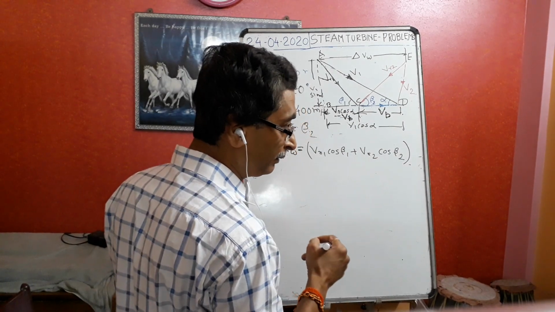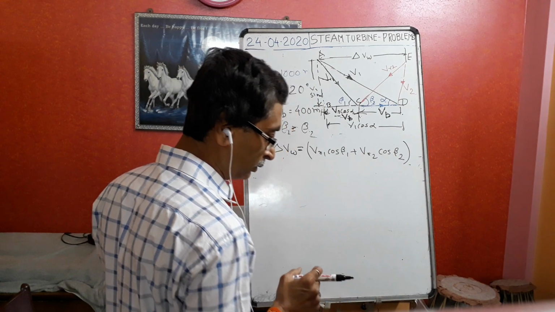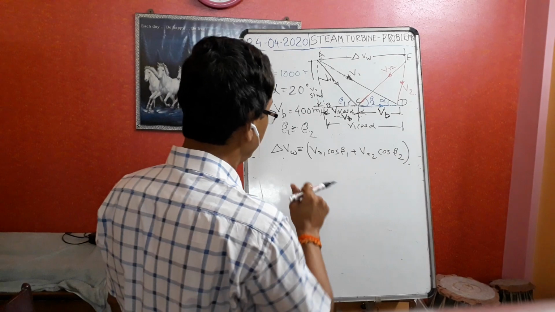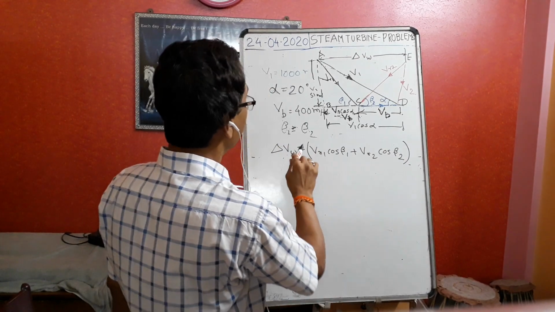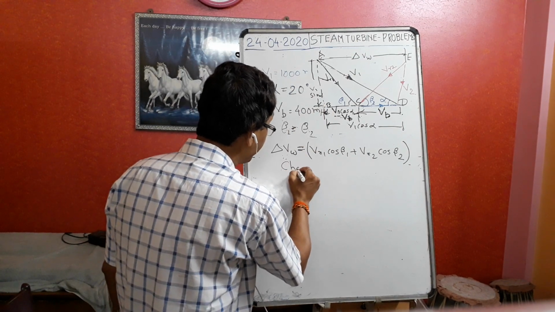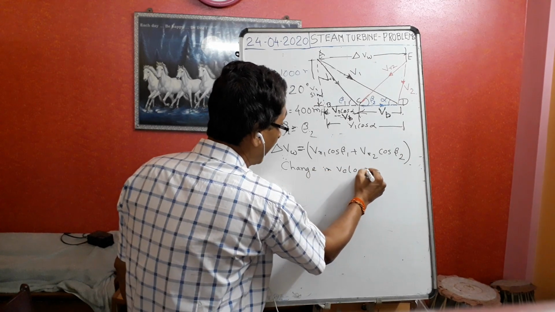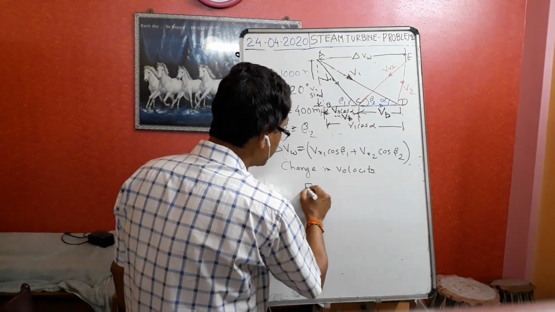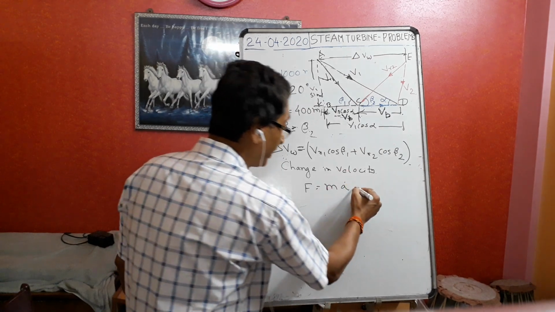The problem that I gave, the first problem, I have calculated the first problem. First problem we are doing. So del VW, I can write it as change in velocity. Because I know what the force is. Force is nothing but mass into acceleration. So what is the acceleration?